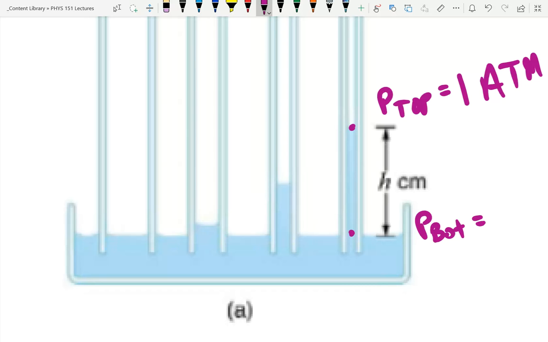Also 1 atmosphere. Why? Because it's open to the atmosphere. Okay, Pascal's principle said that at any elevation in a continuous fluid, the pressure is the same. So that's the same elevation as outside of the tube, which was at atmospheric pressure, and so that needs to be atmospheric pressure.